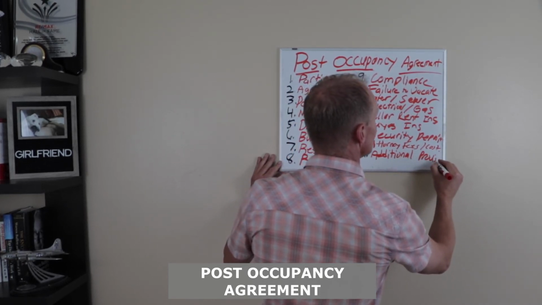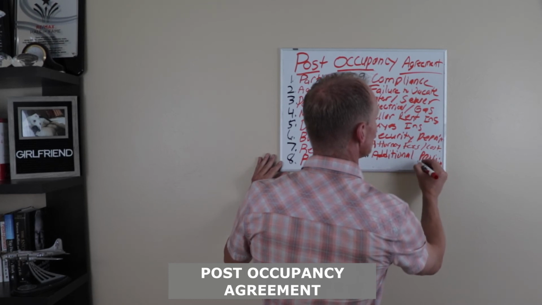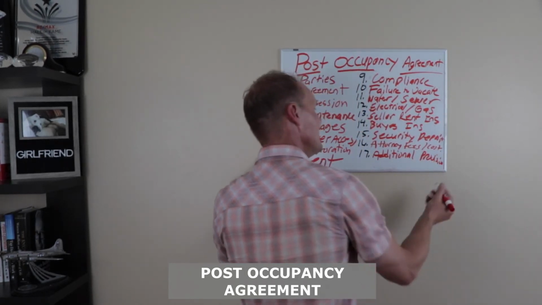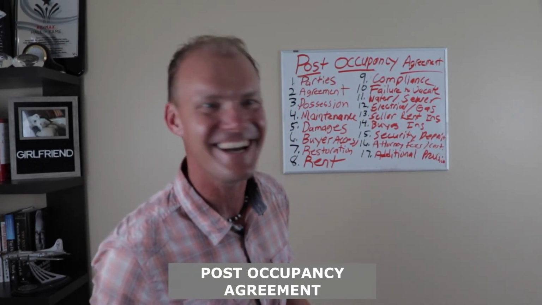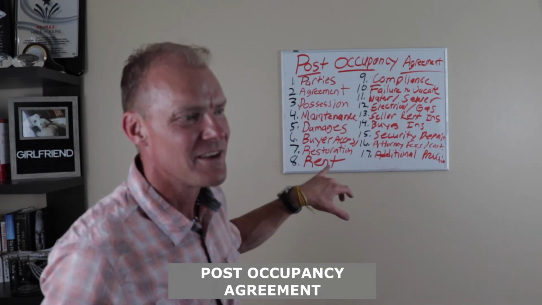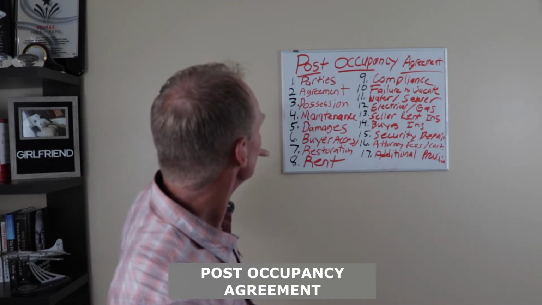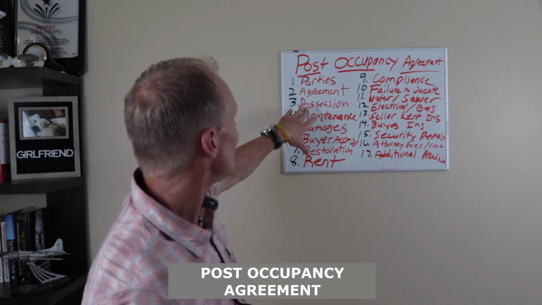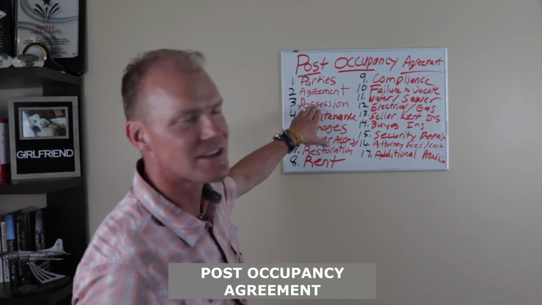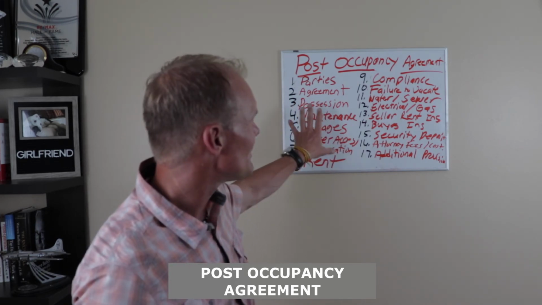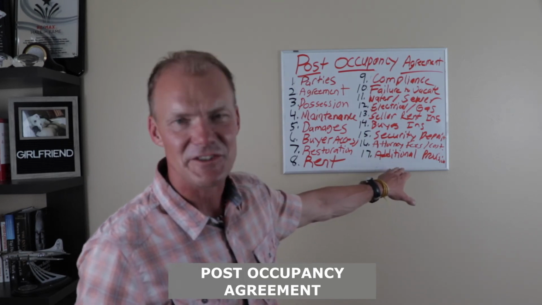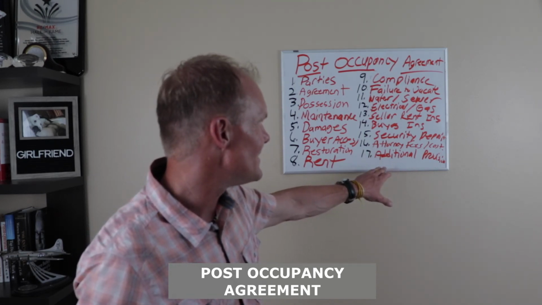We can get it on here. I need to get a bigger board. Anyway, that's provisions. In the additional provisions, like in the body of the contract, we're going to have the agreement with the dates and so forth. I'll usually see it as a listing agent.